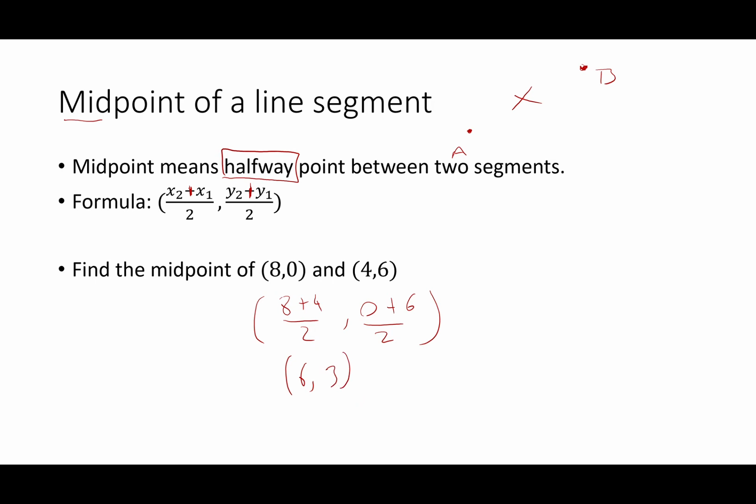It's not uncommon to get a decimal or a fraction. Please learn the formula and obviously learn the correct formula. Okay, so add the x's, divide by 2, add the y's, divide by 2.